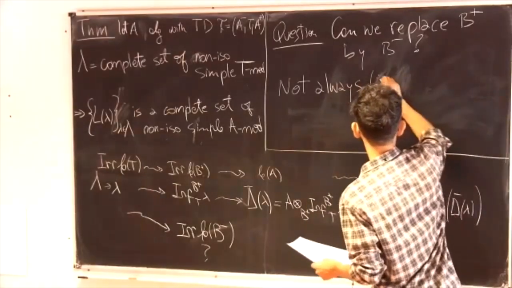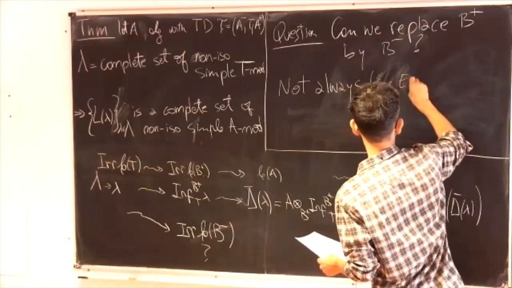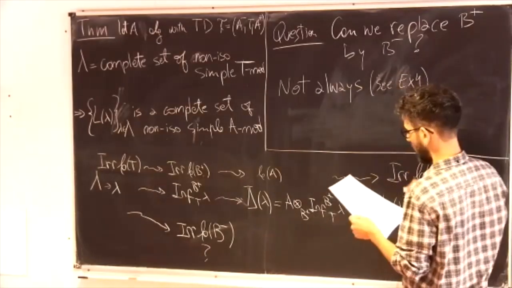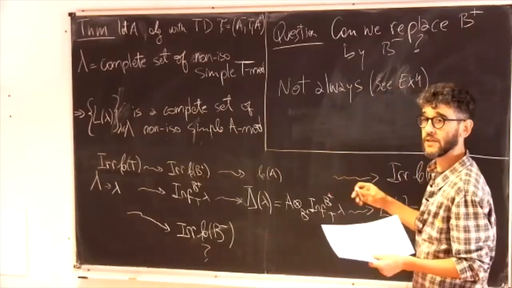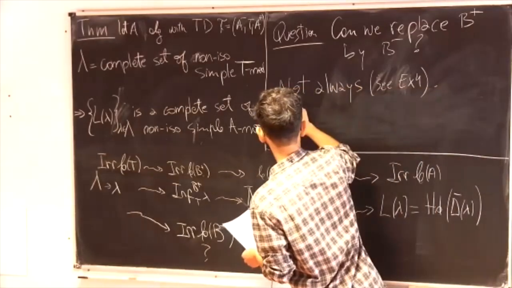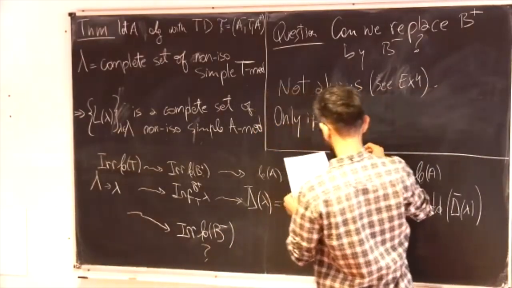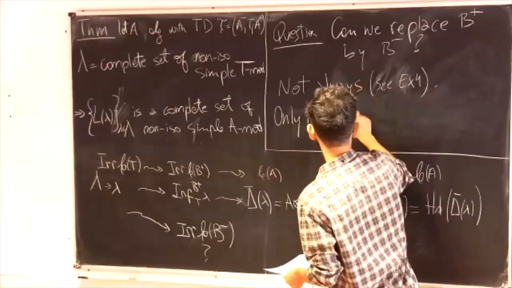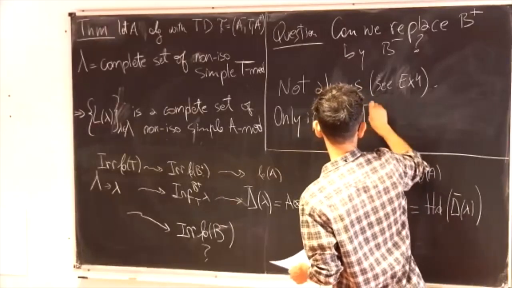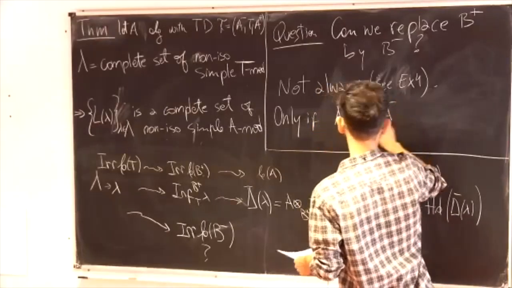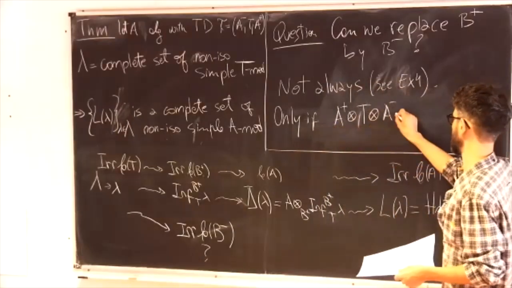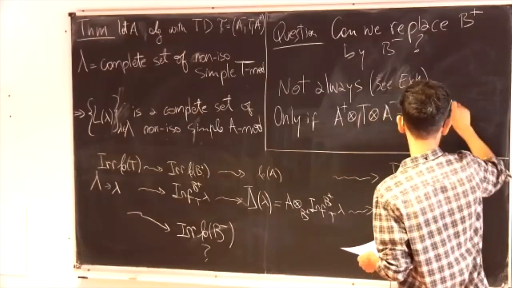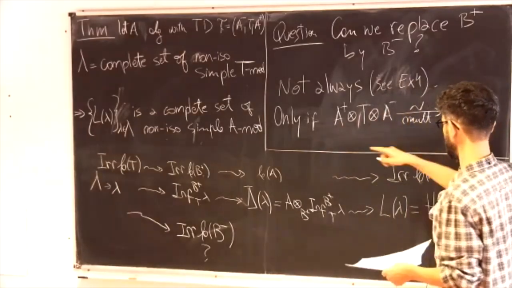Exercise 4. And not always, and we can be more precise, and it is only if we have this property: if the tensor product of A plus, T and A minus, using the multiplication, is also an isomorphism of vector spaces.